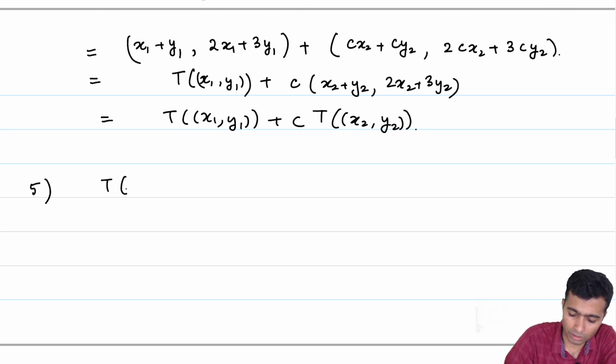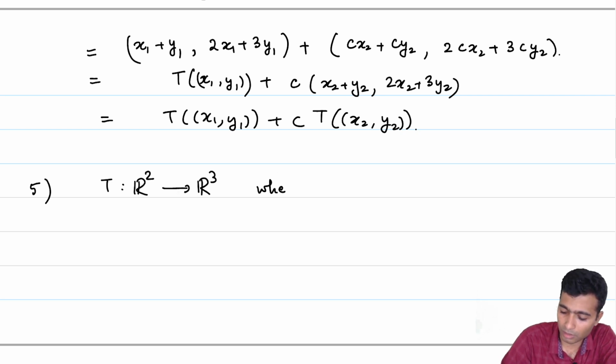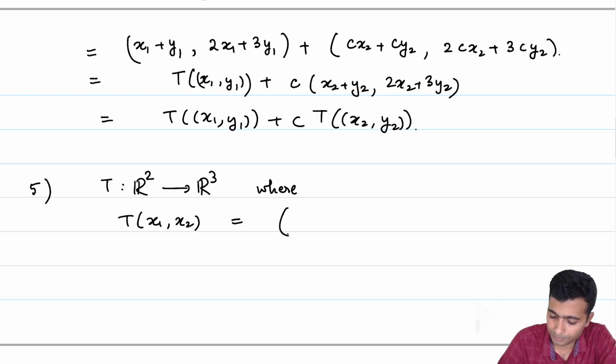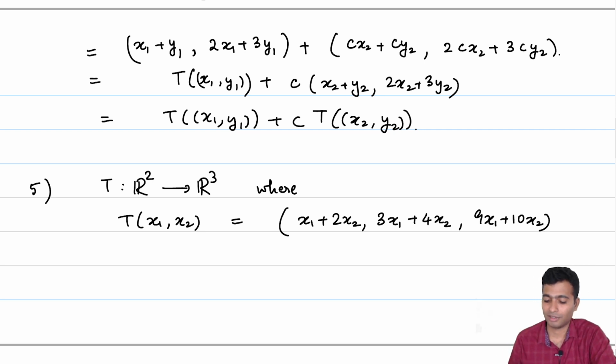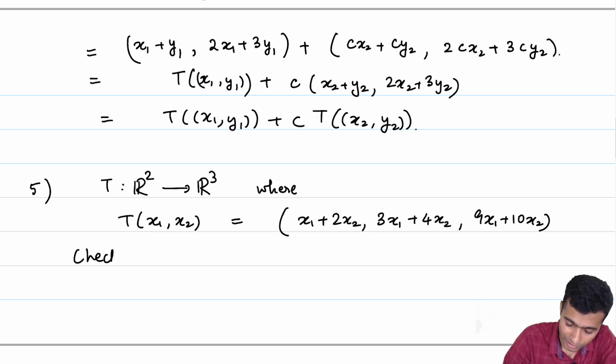Let T be a map now from R2 to R3, where the map is given by T of (x1, x2) is equal to (x1 plus 2x2, 3x1 plus 4x2, 9x1 plus 10x2). Check that T is indeed a linear transformation.